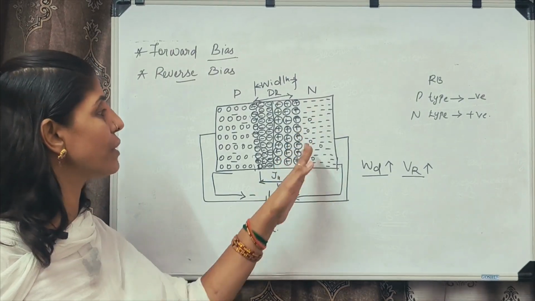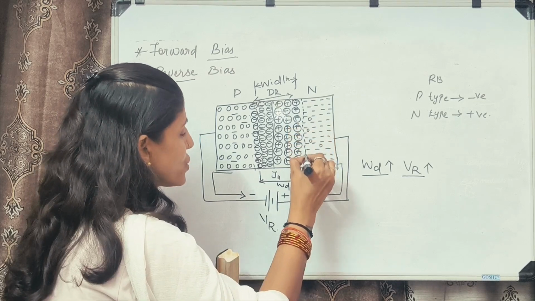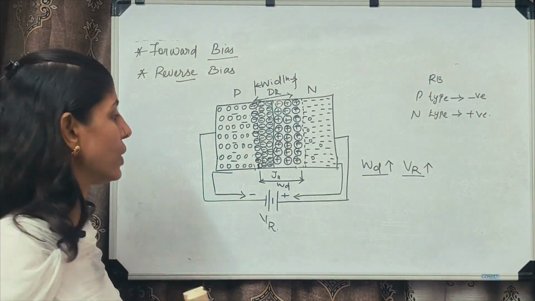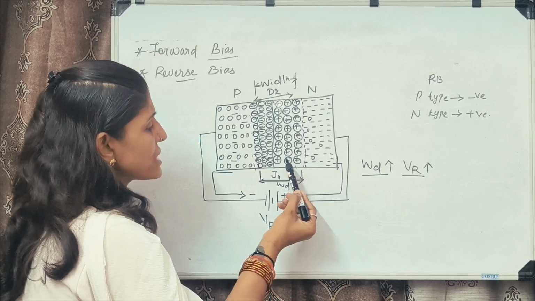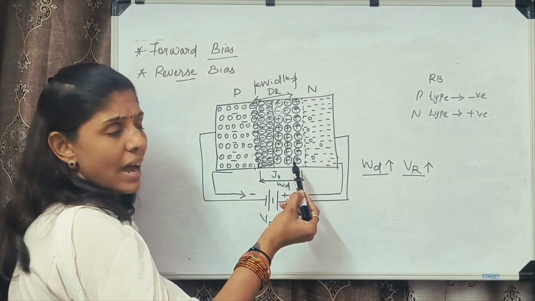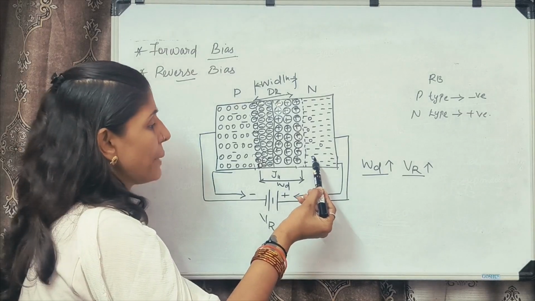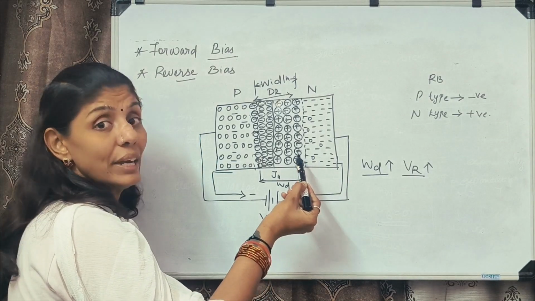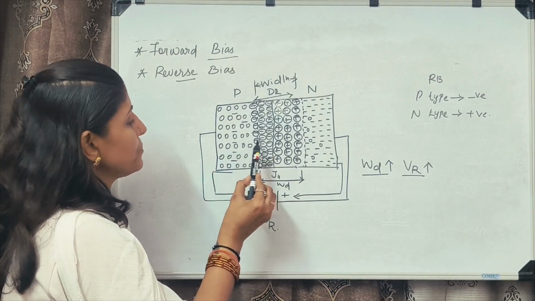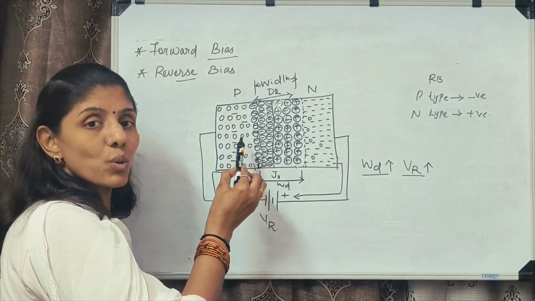Then what will be left here? Only the holes. See here, these are the positive ions and the available carriers are also holes. So what will happen? These holes can't get into this part. Here, these are the negative ions and the only ones left are electrons.